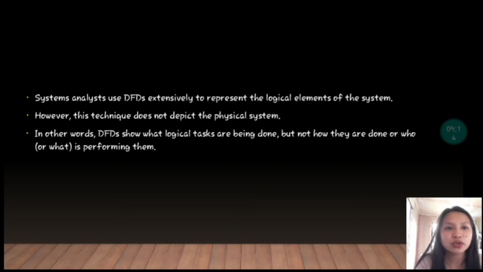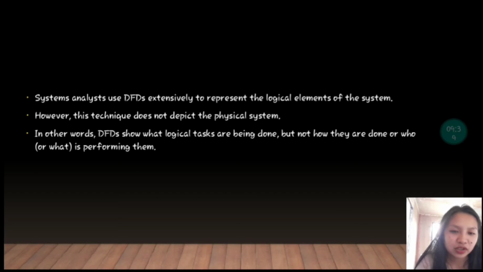And it also doesn't show who or what is performing them. Who manages that department or that process, like who ships, who bills, who approves. It just shows the process of the system for that certain sales, for example sales processing.